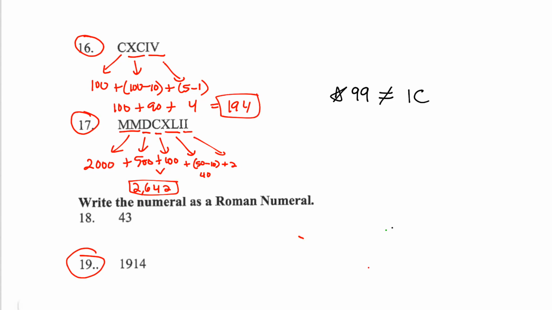You also cannot try to do 50 and then 40 like this, 49 like that. That's a violation of the rules, and so the actual answer would be to take away 10 from 100, so that would be XC, the 90, and then do a 9 like that. So that would be 90 plus 9.